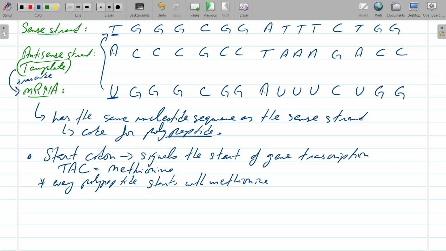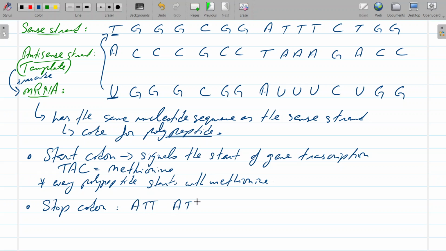Then there are three codes that are stop codons, right? And so these guys don't code for amino acids. There are three of them, and those are ATT, ACT, and ATC.